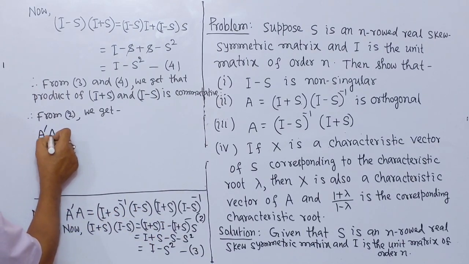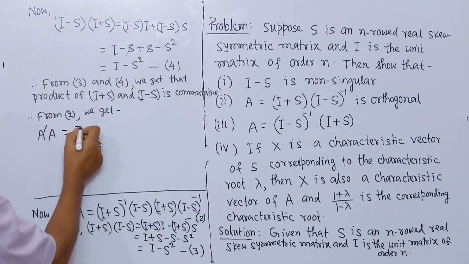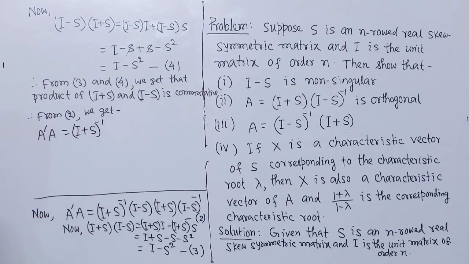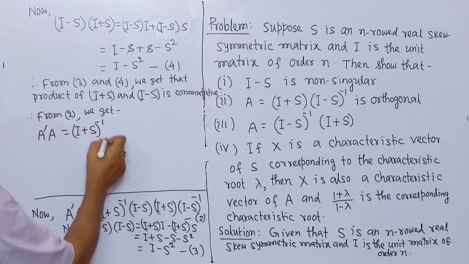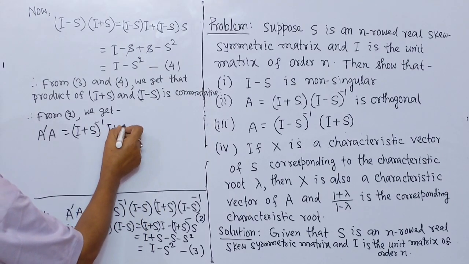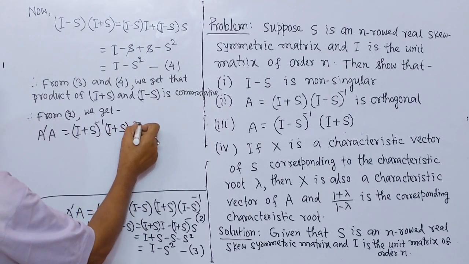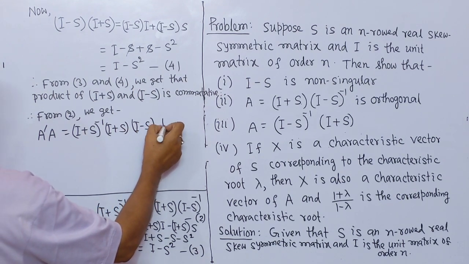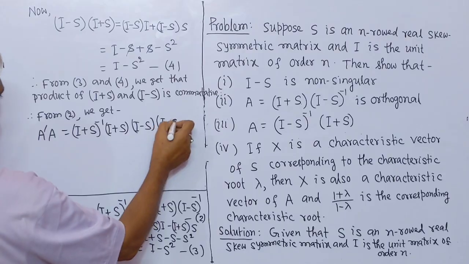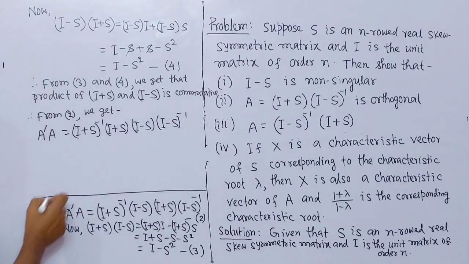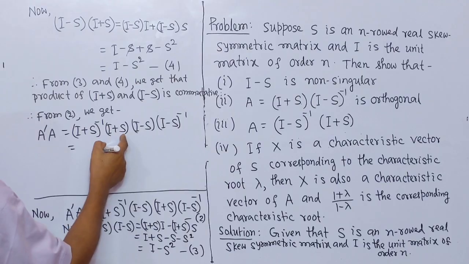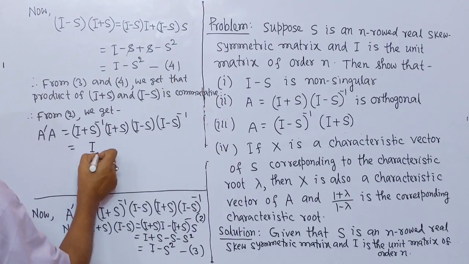So transpose of A multiply A equal to I plus S whole inverse. Here we write I plus S. Here I minus S and then I minus S whole inverse. This equal to I plus S inverse multiply I plus S is unit matrix.